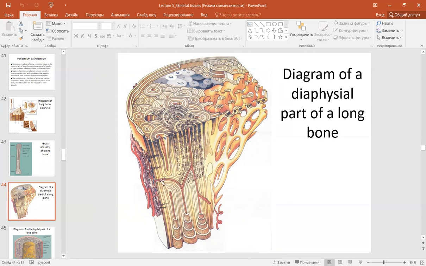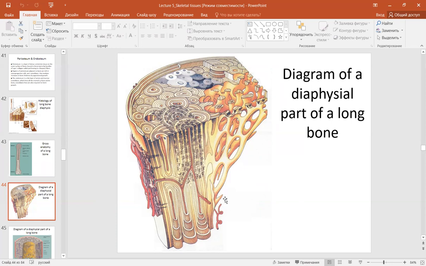The Volkmann canals perforate, located at a right angle to the Haversian canals. The outer circumferential lamella, the periosteum, the spongy bone, trabecular bone. Both osteons and trabeculae consist of lamellar bone.